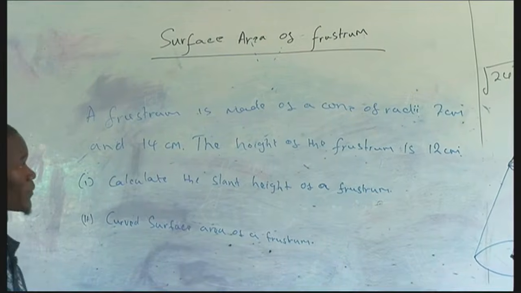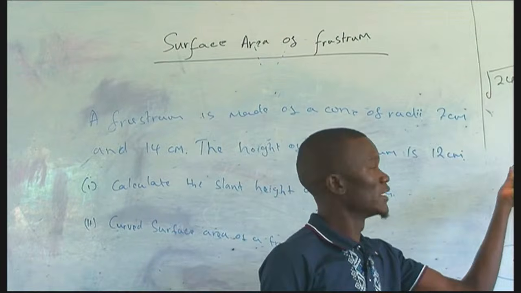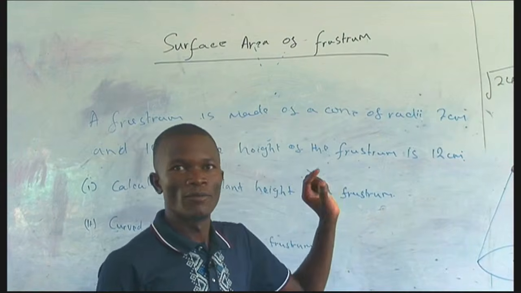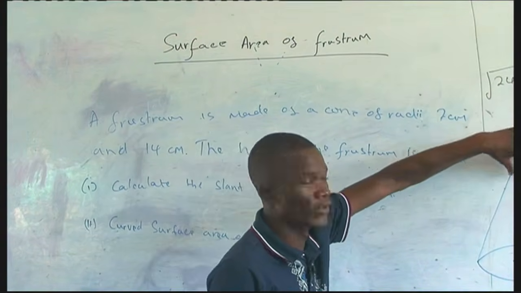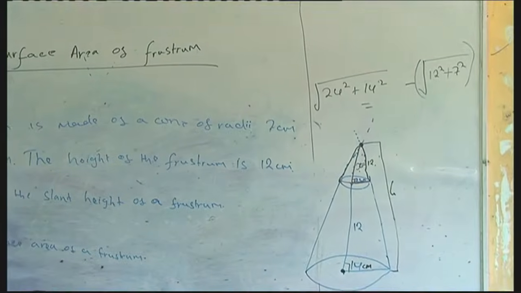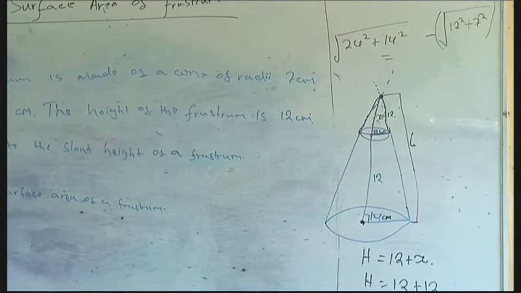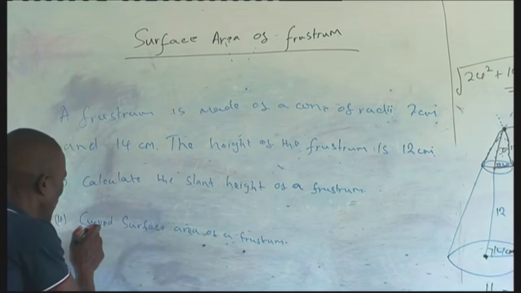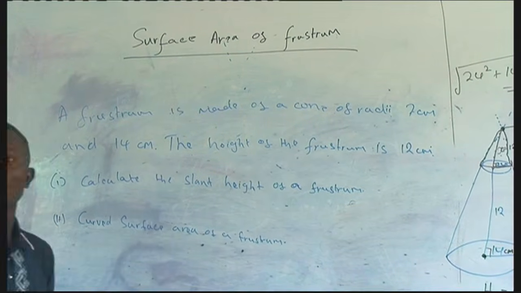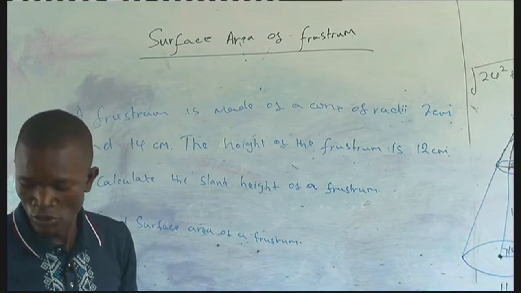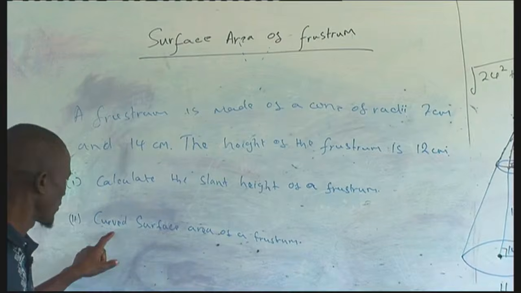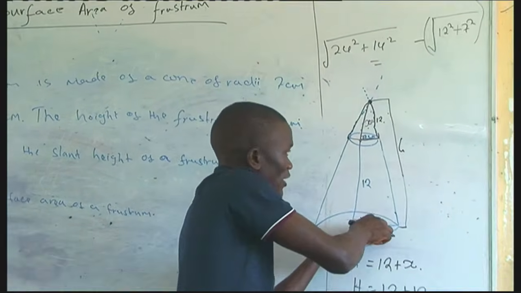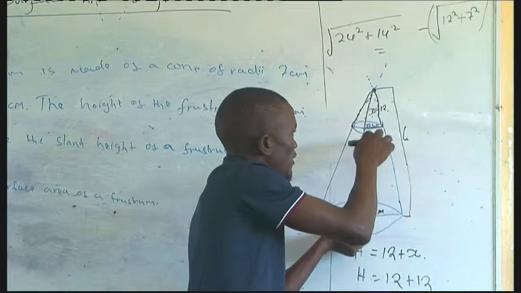The first thing, we get the area of the whole cone, then we subtract the area of a smaller cone. Now, the term here is curved surface, not total surface area. Curved surface area is only this part. We don't include the base and the top.